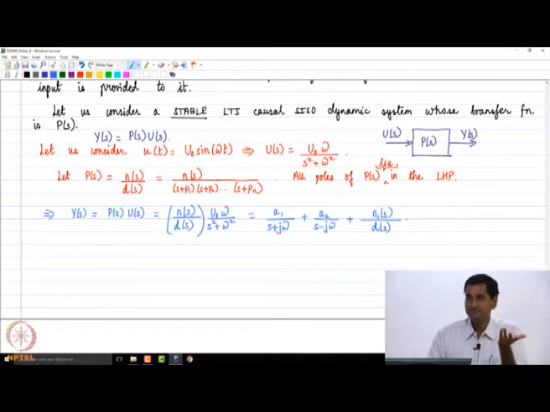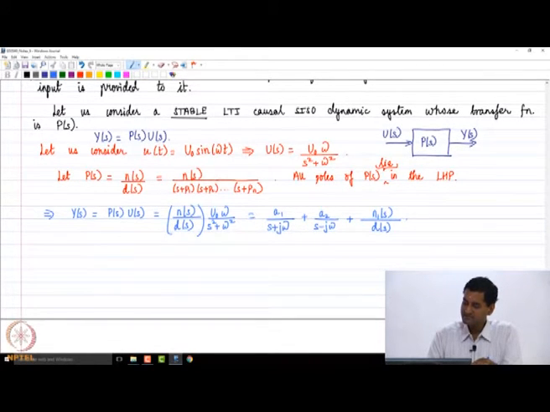Then, for s plus j omega, I write a1 by s plus j omega, and for s minus j omega, I take the residue as a2. So, I get a2 by s minus j omega plus some n1 of s, whatever is left behind, divided by d of s. D of s is the original denominator polynomial, s plus p1 all the way till s plus pn. So, that is my output, right.